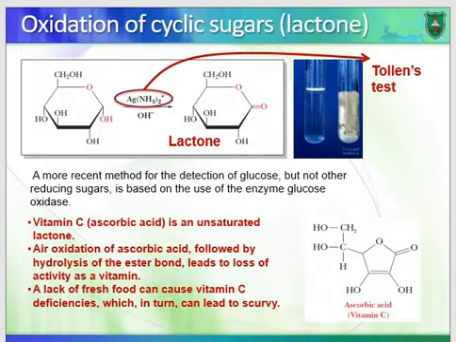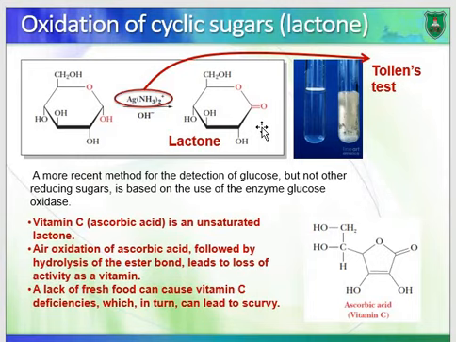Other tests include a Tollens test, in which the Tollens reagent contains Ag, silver. So once the sugar interacts with it, it gets oxidized into a lactone. Lactone, as you can see in here, this is the anomeric carbon, it becomes double bond O rather than an OH, and this is the oxygen that it has already in its structure.